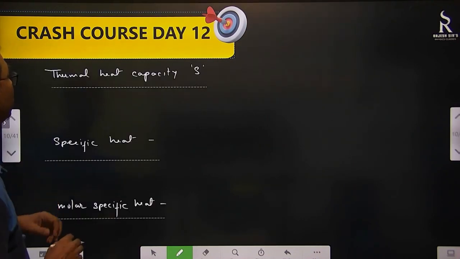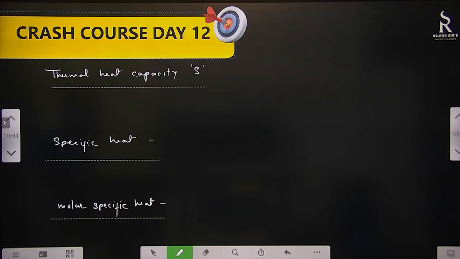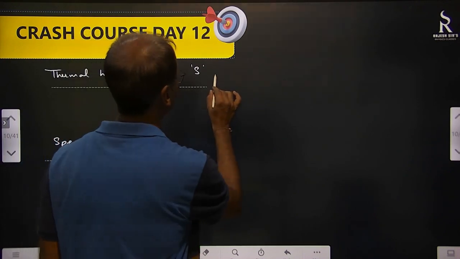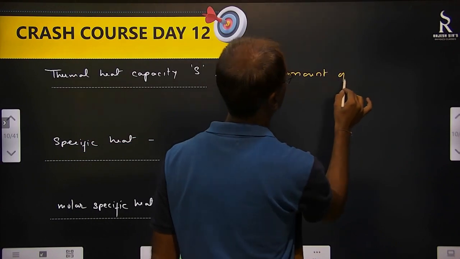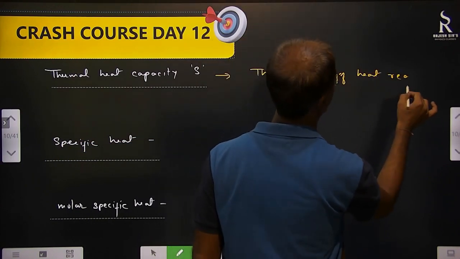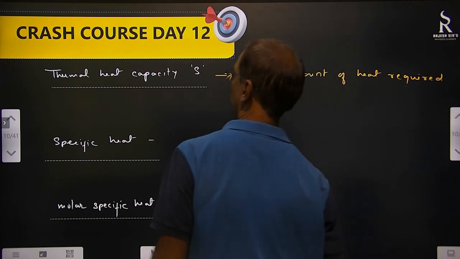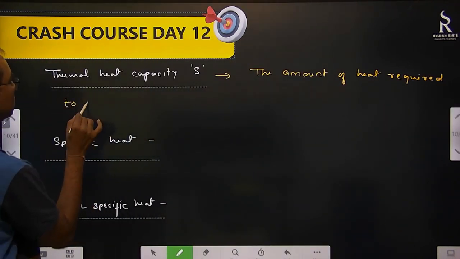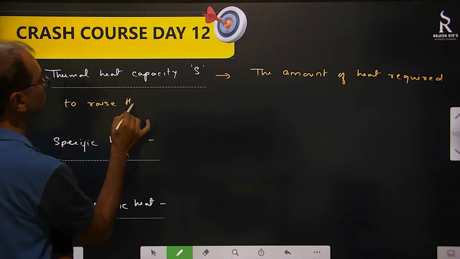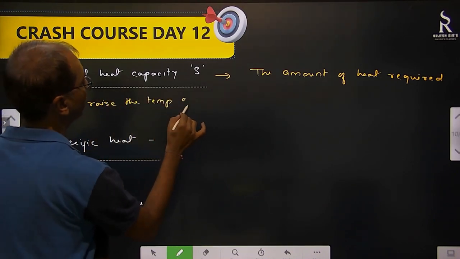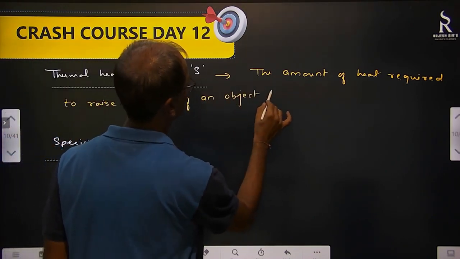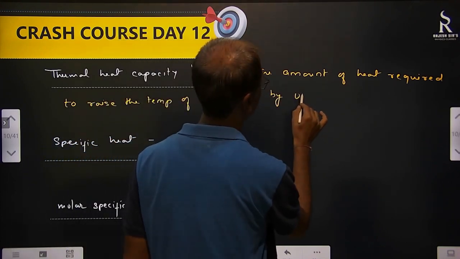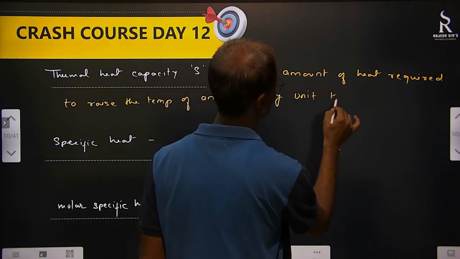First thing is thermal heat capacity. What is thermal heat capacity? Thermal heat capacity is the amount of heat required to raise the temperature of an object by unit degree centigrade or unit Kelvin.